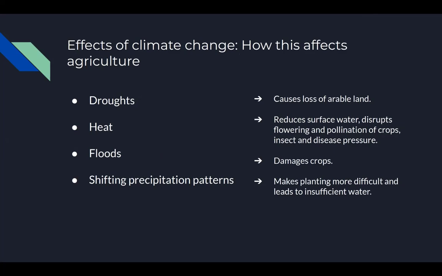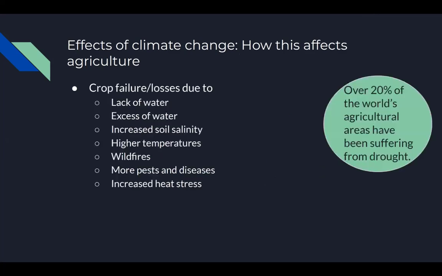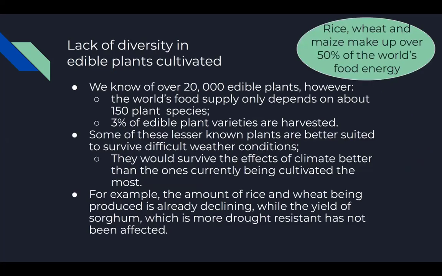So, because of these things, there are lots of crop failures and losses, and there will be even more coming in the future. Now, another thing is that a lot of edible plants that we are currently cultivating are suffering from these effects.